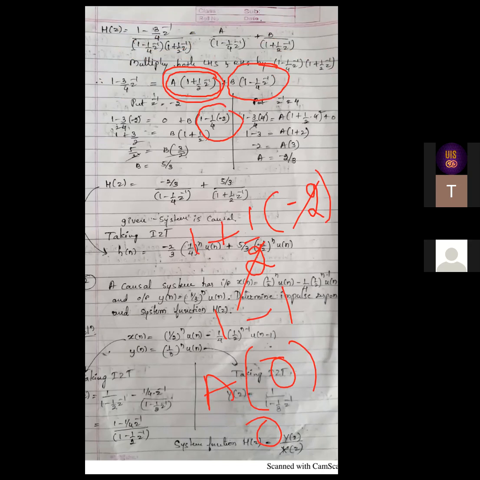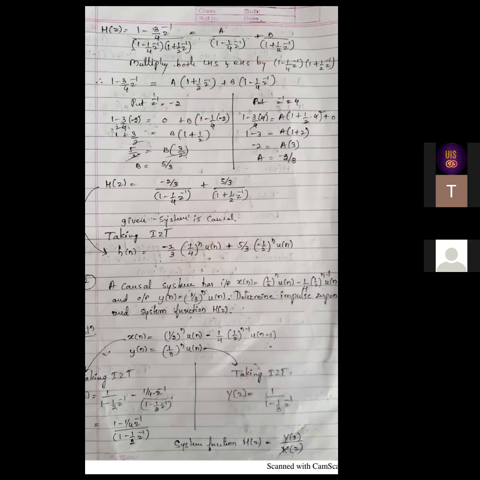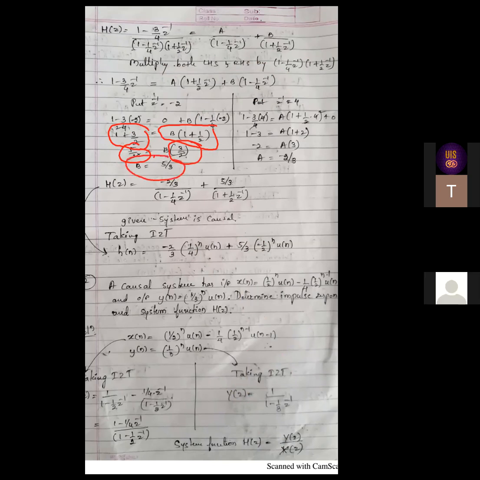And even at LHS also 1 minus 3 by 4 into minus 2. You simplify this. If you simplify, 1 plus 3 by 2 is equal to b into 1 plus 1 by 2. So this will be 5 by 2 is equal to b into 3 by 2. So 2 gets cancelled. B will be equal to 5 by 3. This is one time when we substitute z inverse as minus 2.